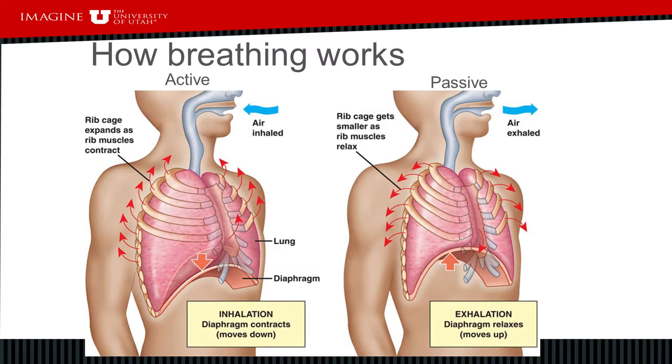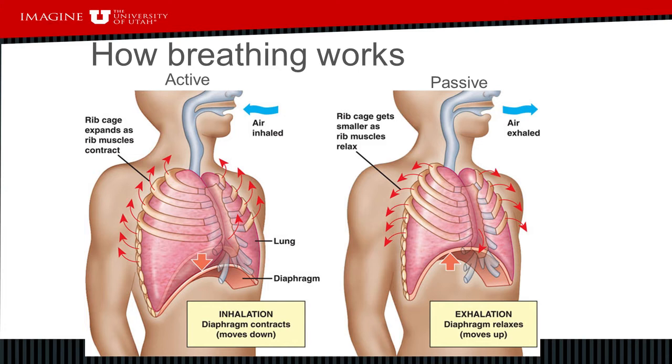So to start off, talking a little bit about how breathing works in general. On this part of the slide that's marked active, you'll see a diagram where you inhale air. As you inhale, your rib cage expands because the muscles around your ribs contract, and that pulls your chest open.